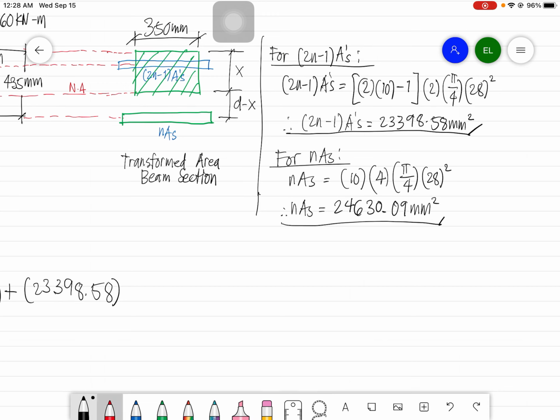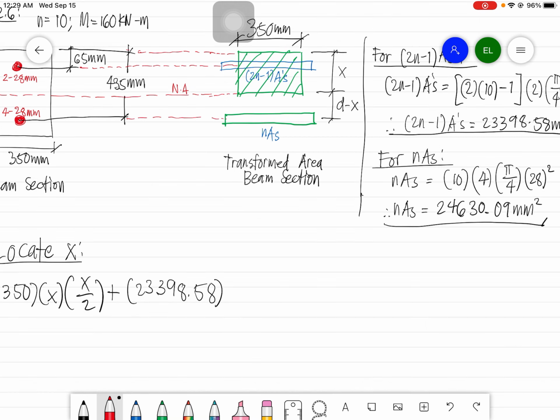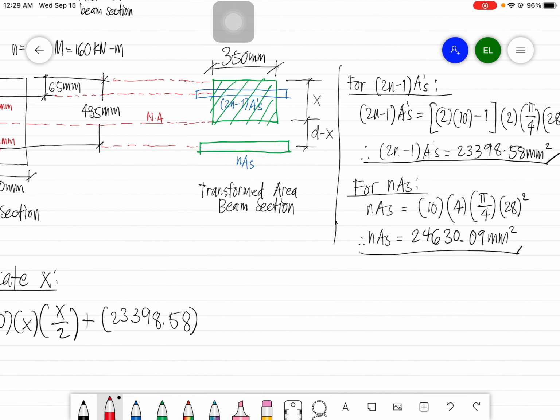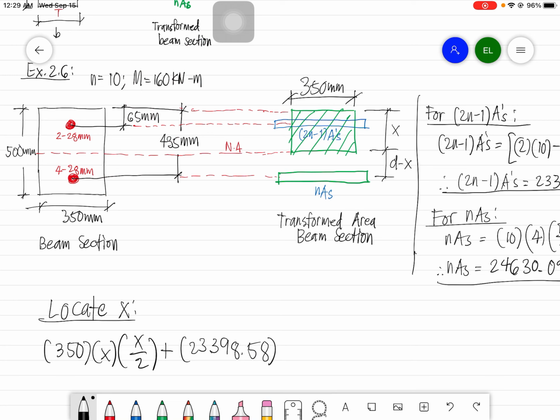Then the distance, for this one, is from the neutral axis to the compression steel bar, that is x minus d prime.